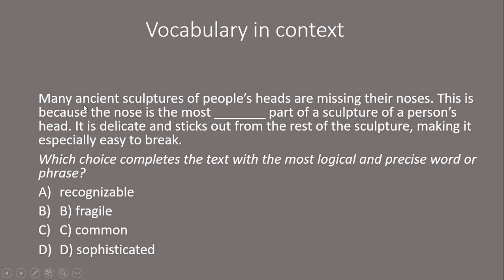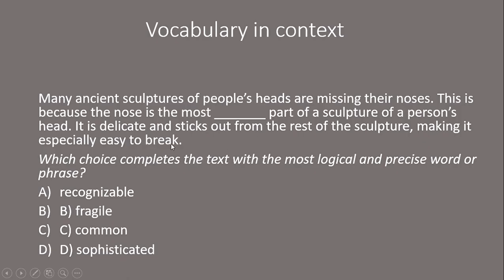The text itself says, many ancient sculptures of people's heads are missing their noses. This is because the nose is the most damaged part of a sculpture of a person's head. It is delicate. So, what is the it? The it is referring to the nose, the person's nose. It is delicate and sticks out from the rest of the sculpture, making it especially easy to break.